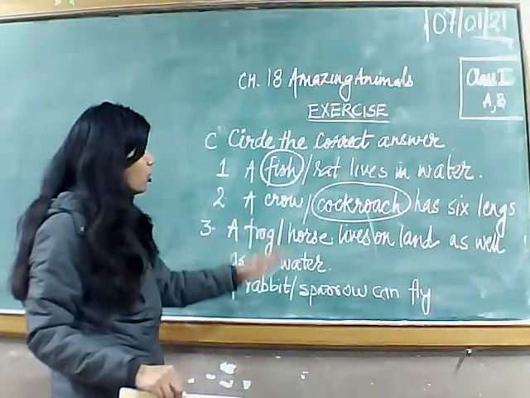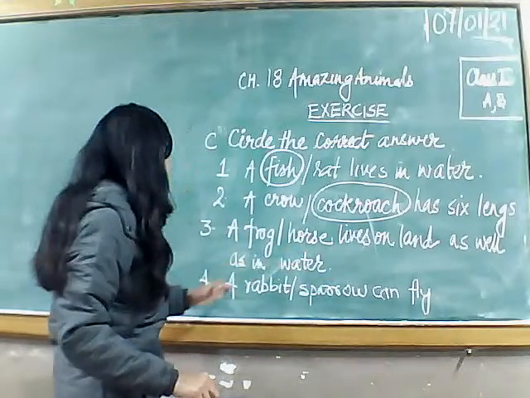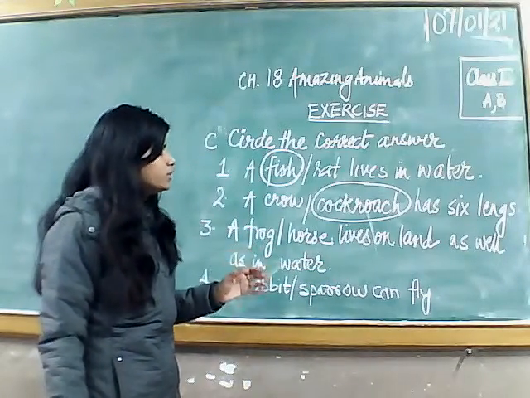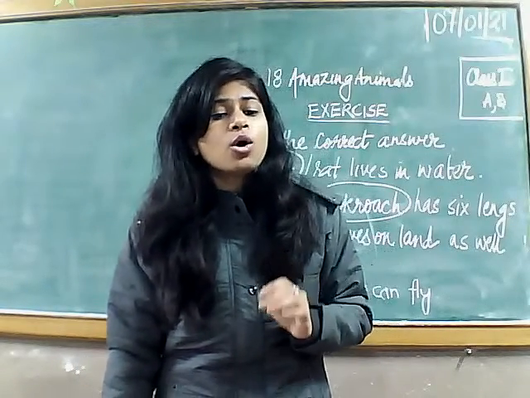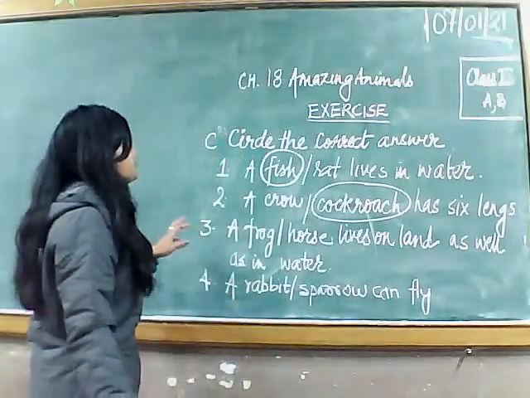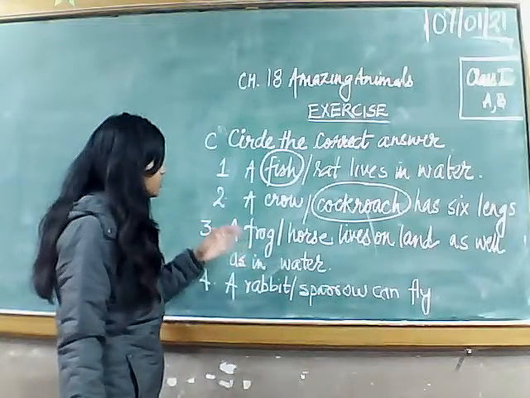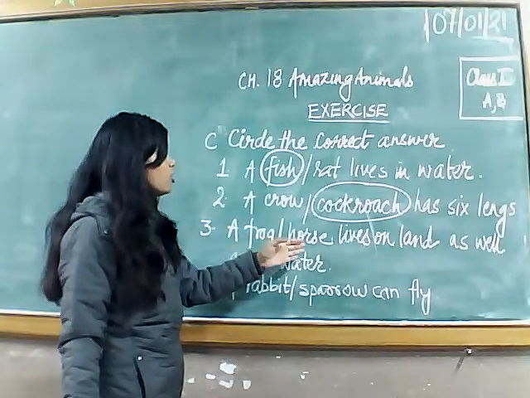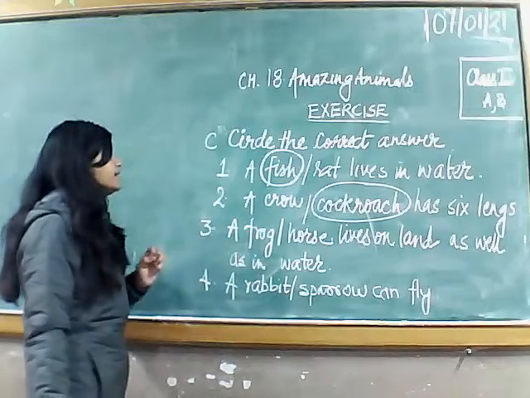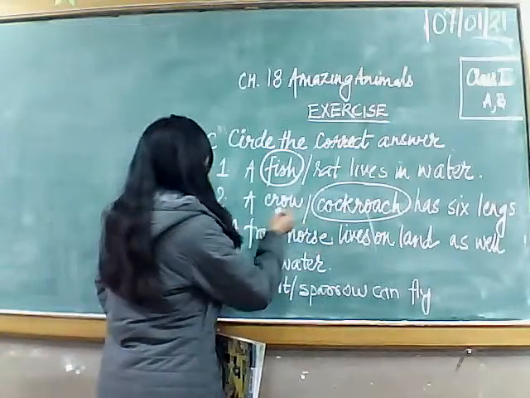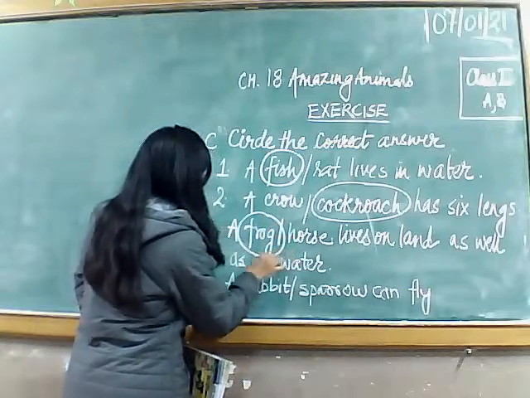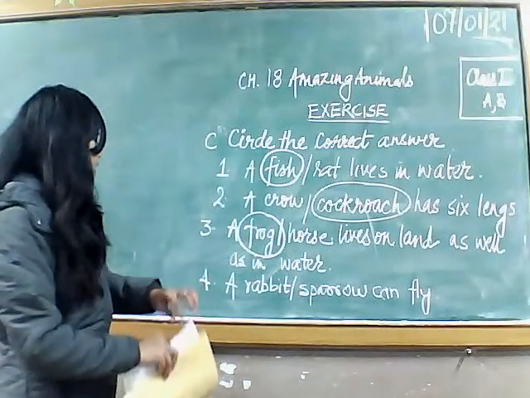Now, a frog or horse lives on land as well as in water. Children, I told you that animals that live on land and water are called amphibians. So children, can you tell me which of the two, frog or horse, lives on land as well as in water? Nihil says it is frog. So let's circle it. Now the fourth.